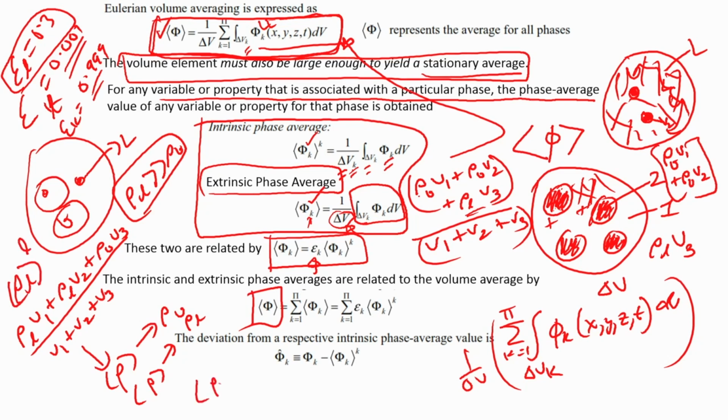When rho L is averaged over the entire thing, but still it is rho L, that is actually called the extrinsic averaging, whereas this volume average is nothing but this rho. Okay. So, that is how we are defining it. So, the volume average is related to the individual averages. For example, the extrinsic averages: if you just sum the extrinsic averages over all the phases, you get the corresponding volume average.